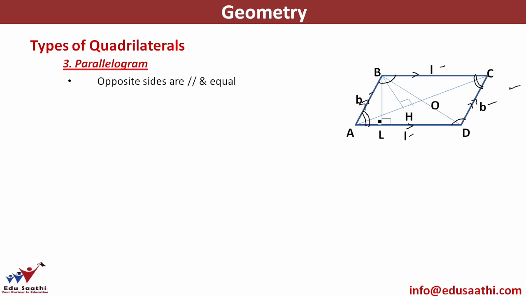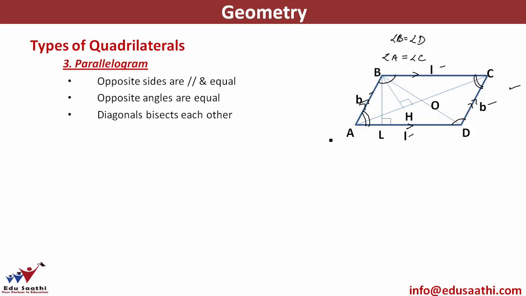Opposite sides are parallel and equal. Opposite angles are equal in the case of a parallelogram. Vertex angles are not 90 but opposite angles are equal. So angle B is equal to angle D, angle A is equal to angle C. The two diagonals are not equal because the vertex angles are not 90 degrees, but they bisect each other.